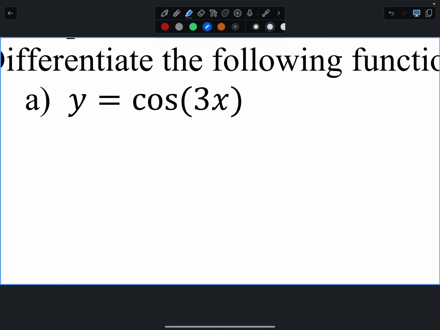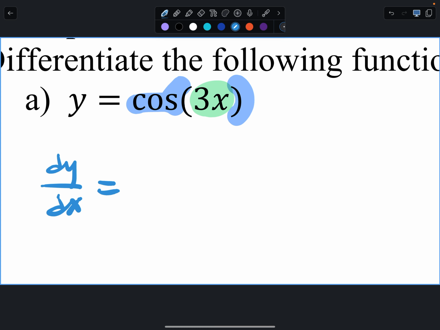Because of that 3, you have to think chain rule. So you're thinking outside function, inside function. dy over dx, the derivative of cosine would be negative sine, leave the inside alone, and then times the derivative of the inside.